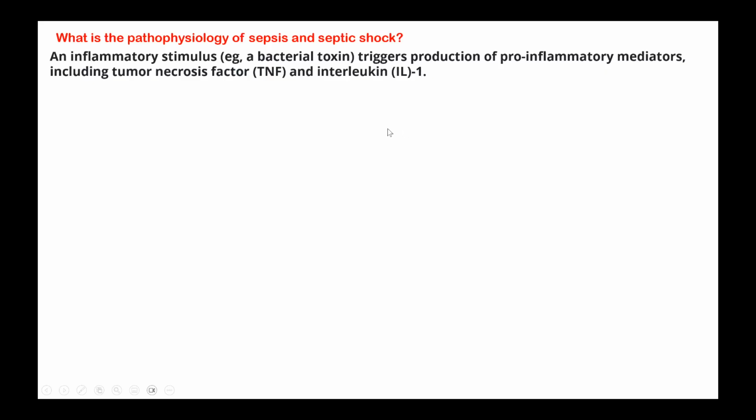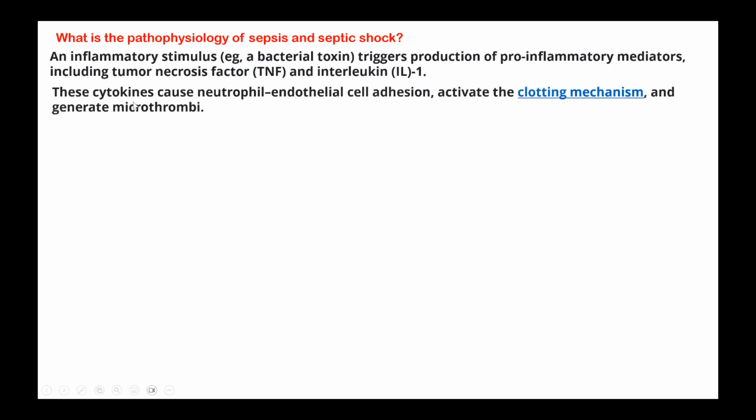The body will try to produce anti-inflammatory cytokines also, but if the pro-inflammatory overruns the anti-inflammatory, then the sepsis becomes deeper. These cytokines cause neutrophil endothelial adhesion, activation of the clotting mechanism, and generate microthrombi.